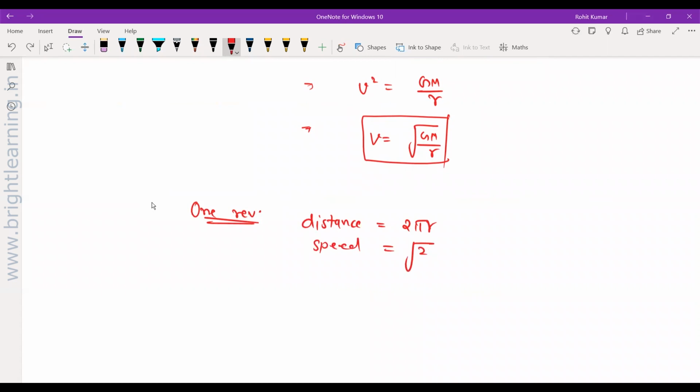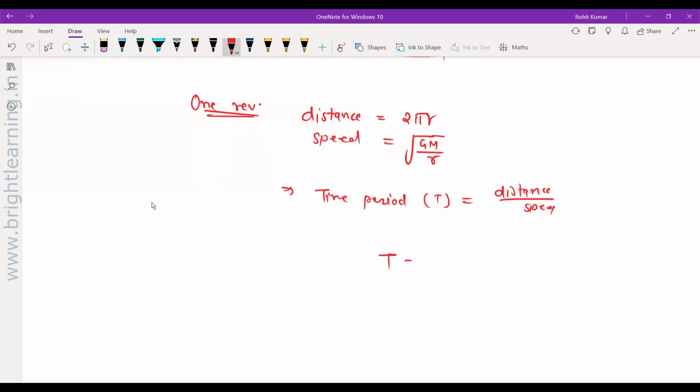This speed is root GM by r. We just found out this speed. So time period will be nothing but distance upon speed, so this time period will become 2 pi r by v.